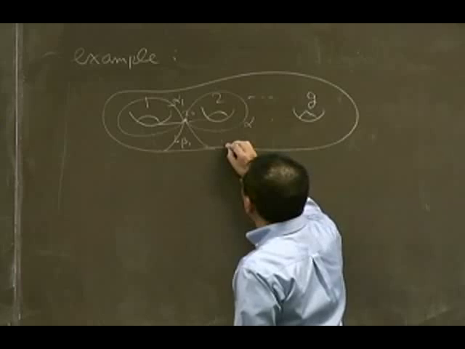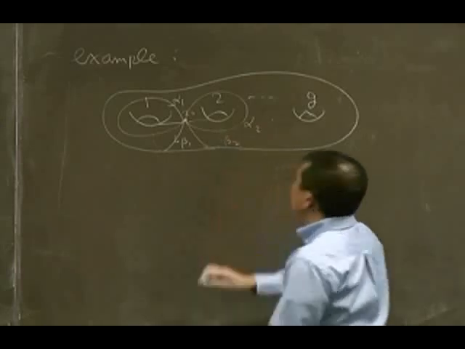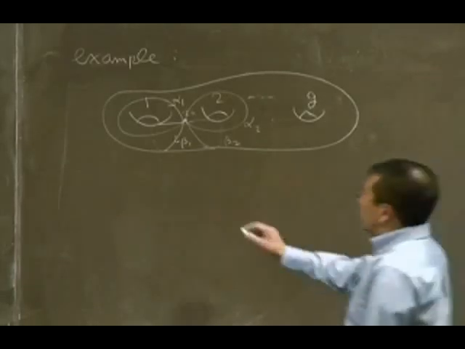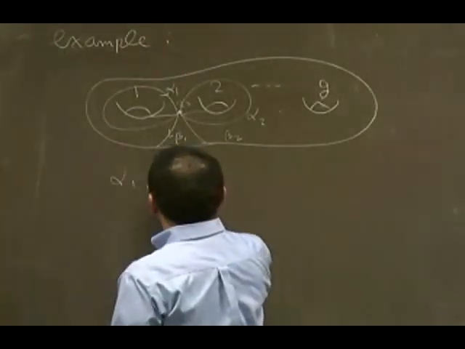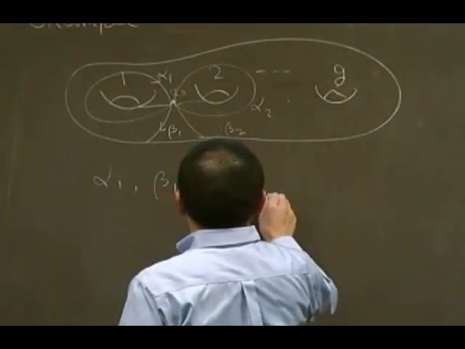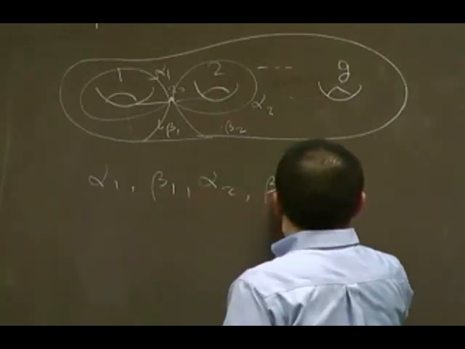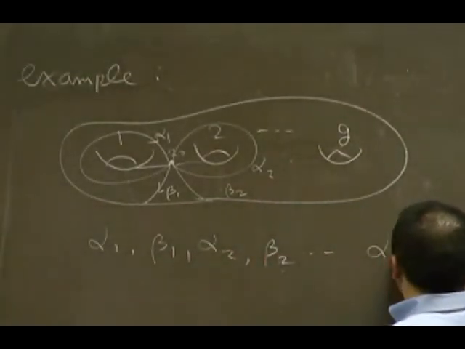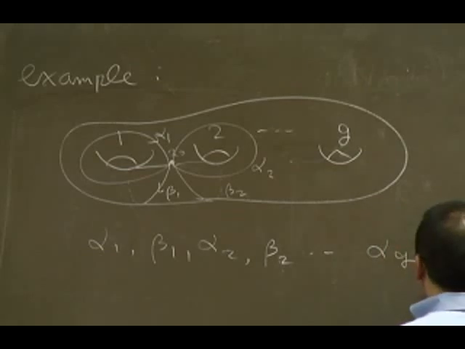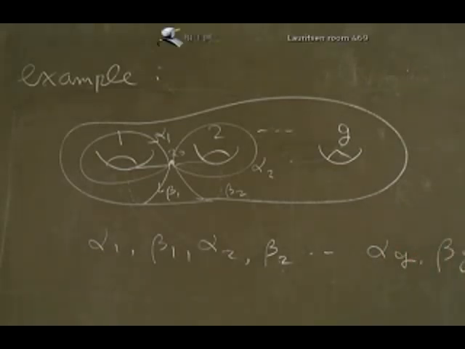So for each handle, you have generators: alpha 1, beta 1, alpha 2, beta 2, up to alpha G, beta G. So you have 2G generators.